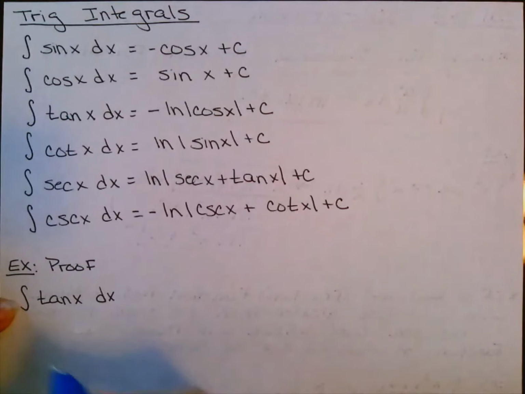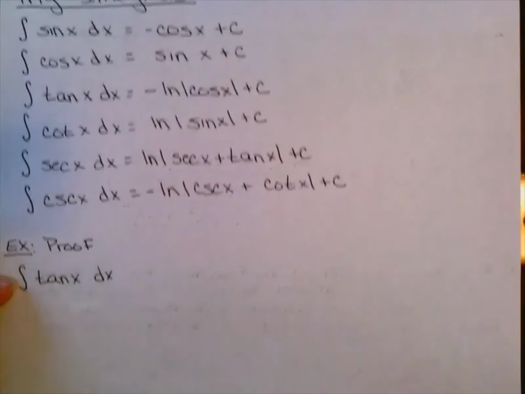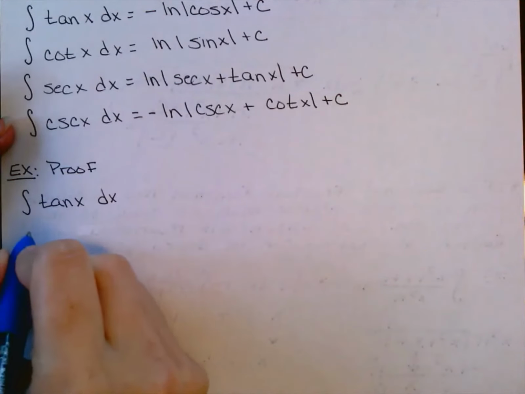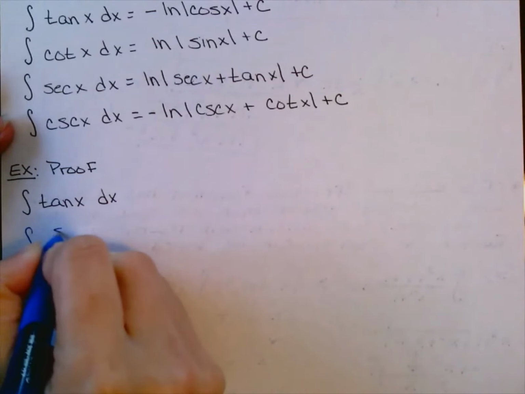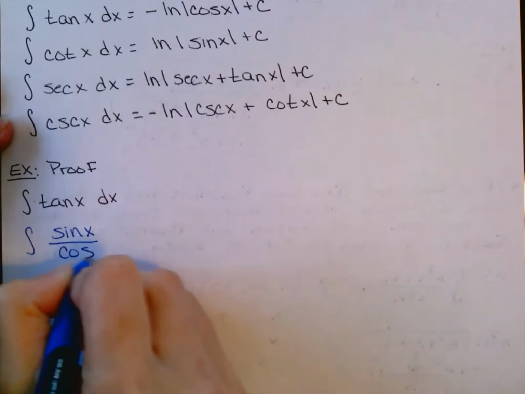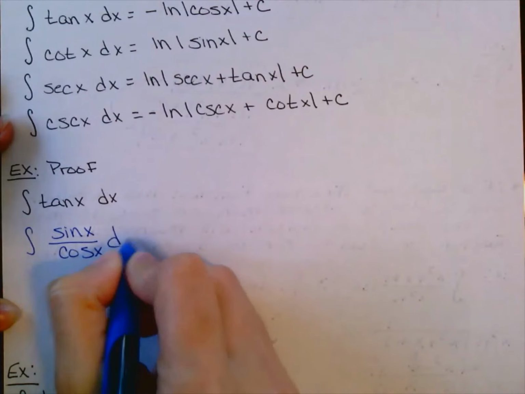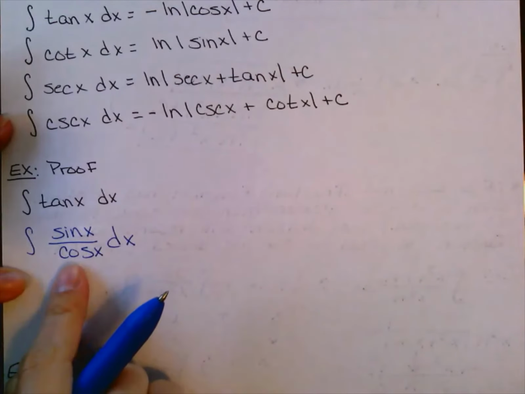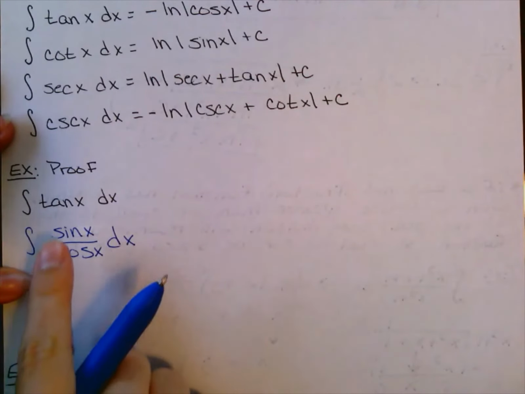Tangent, if you don't have it memorized, we know that we can rewrite tangent as sine over cosine. Now if we see this as a u sub, we know that cosine's derivative is a negative sine.